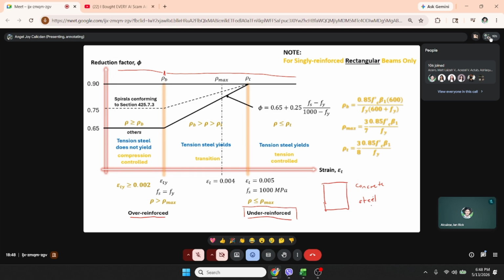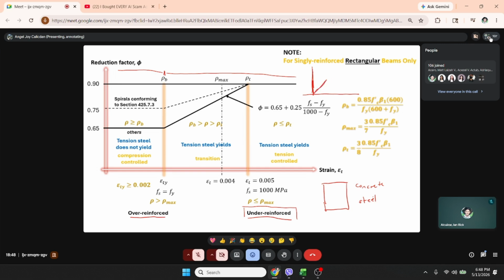While ang steel, kung mag-fail, dili siya diretso break, mo-yield pa siya or moadto sa yield point, permanent na ang deformation. So, kung ka-remember mo sa atong stress-strain diagram, naa ang proportional limit hangtod sa yield point.